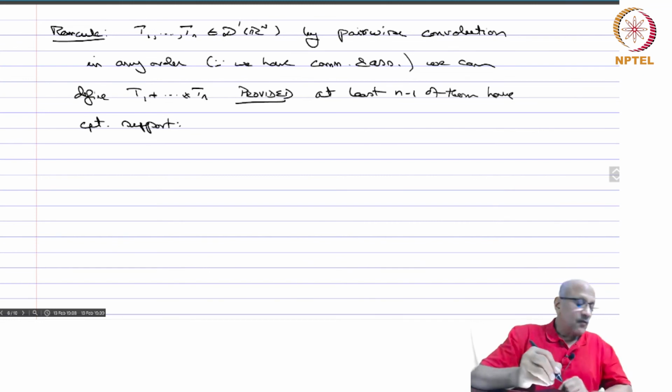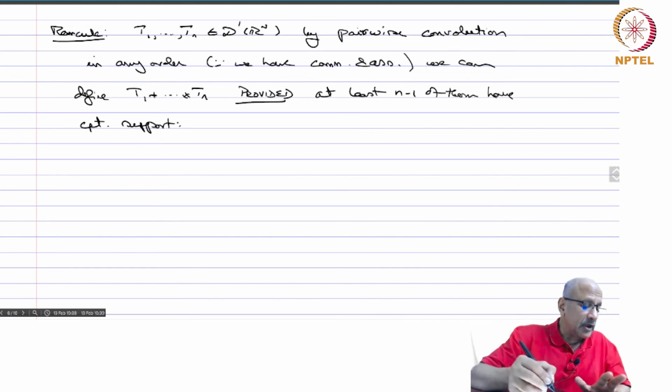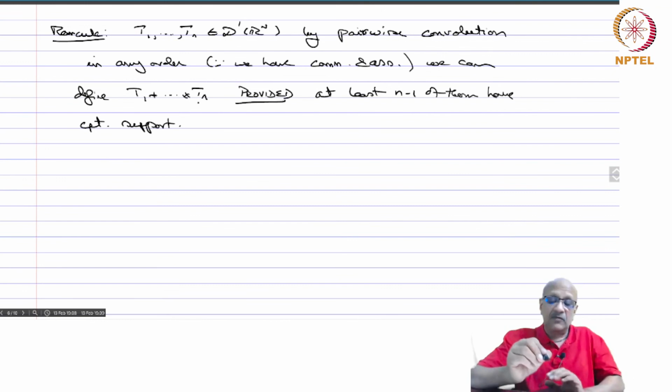Without this compact support you cannot have the associative law, and therefore you cannot in an unambiguous way define the convolution in all this.